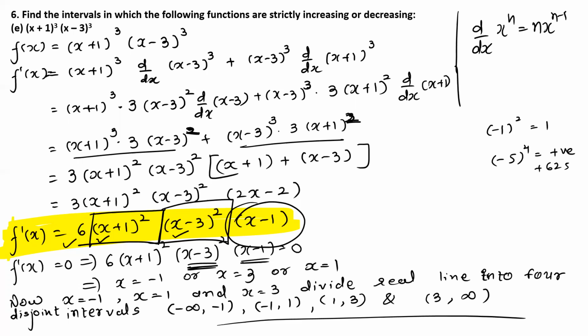Then once you have expressed f dash x, you have to factor it into different brackets. Then we need to identify at what points it is 0. So we are getting 3 points: x is equal to minus 1, 1 and 3. How did we get them? We set the 3 brackets equal to 0.